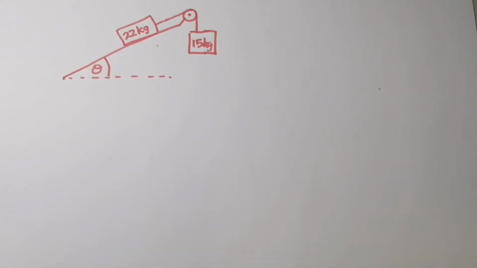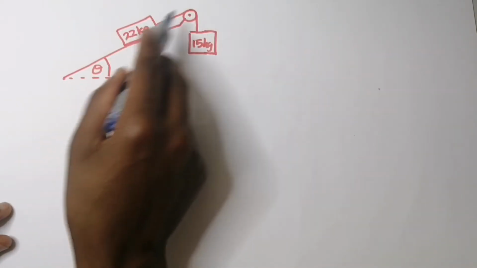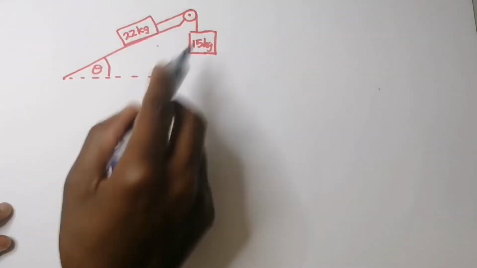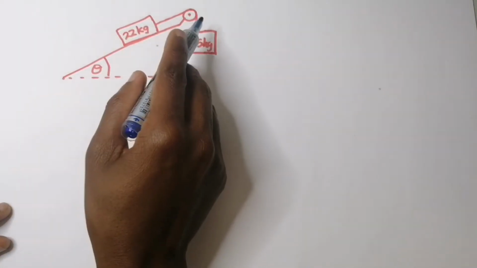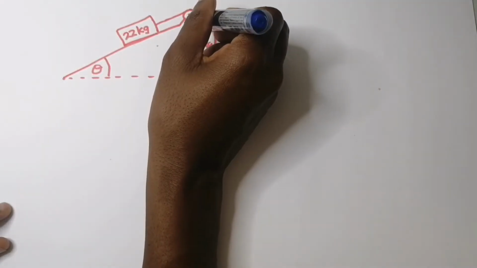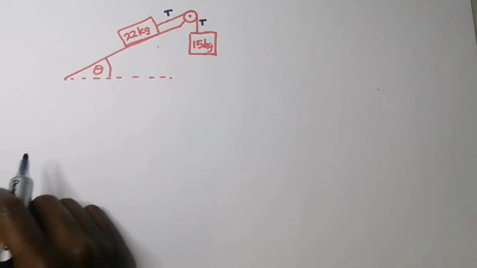string. Now, why is that important to say it's a light inextensible string? So first of all, light simply means that we will not add the mass of the string in the equation, right? And then secondly, it's inextensible. It means that the tension on the one side of the string should be equal to the tension on the other side.